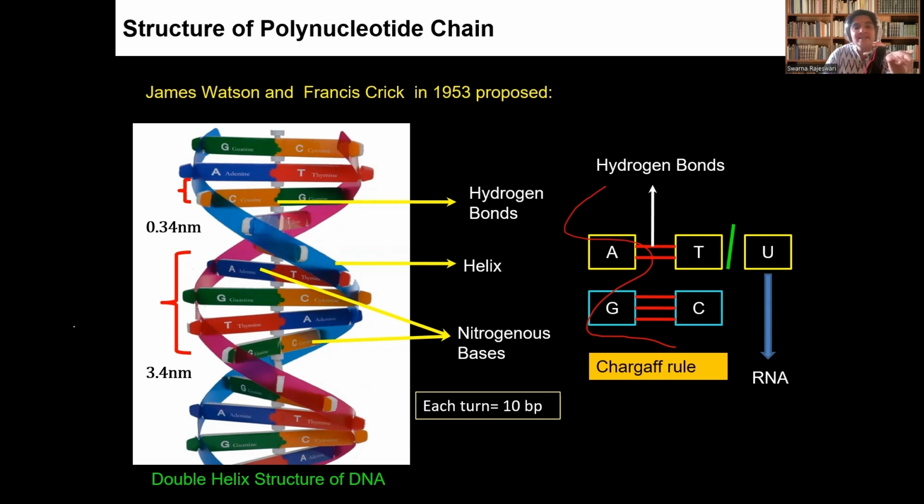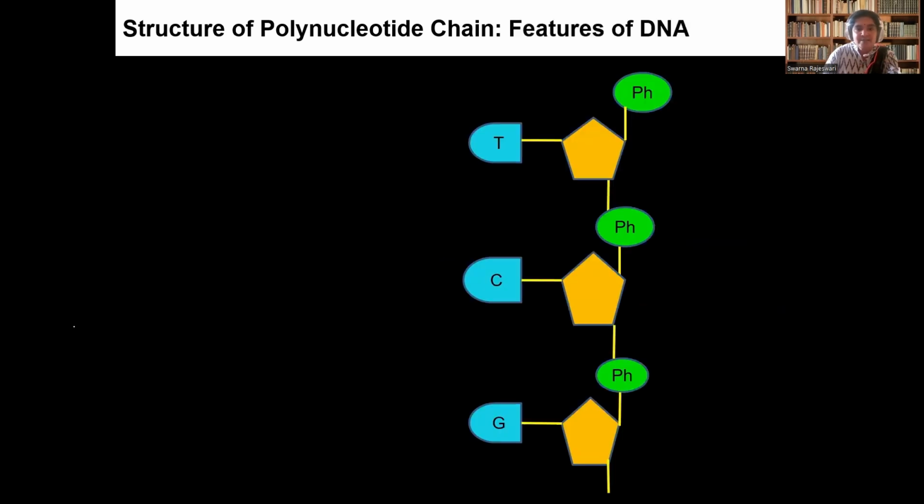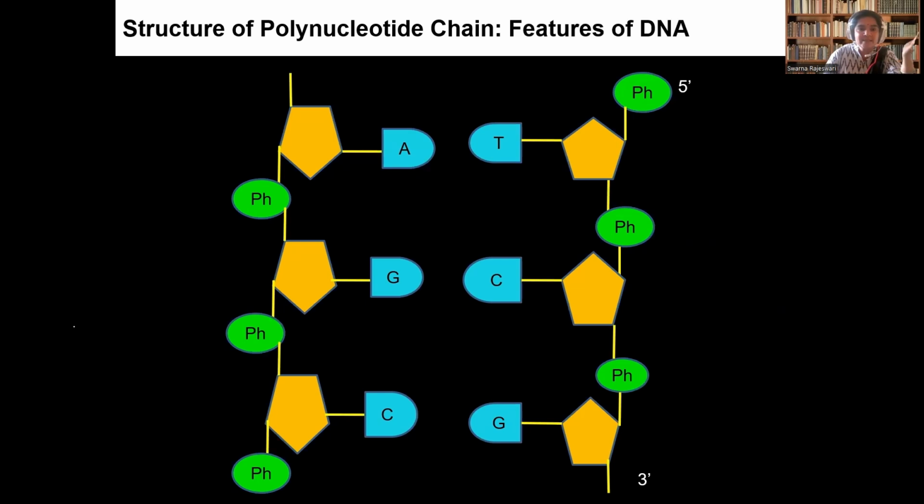This double helical structure of DNA was proposed by Watson and Crick. Here we can see one strand is running from 3' to 5', whereas the complementary strand is running from 5' to 3', and adenine is linked to thymine by 2 hydrogen bonds, and guanine is linked to cytosine by 3 hydrogen bonds.